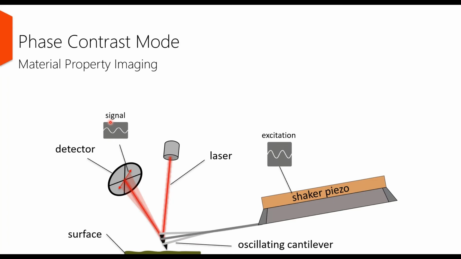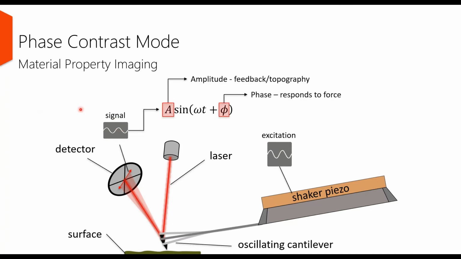So we have the same kind of setup here, but this signal that I get out of the photodetector has a frequency component, and it has a phase component associated with it. The phase is just the difference between this excitation voltage and the signal voltage. So the phase difference between the two.